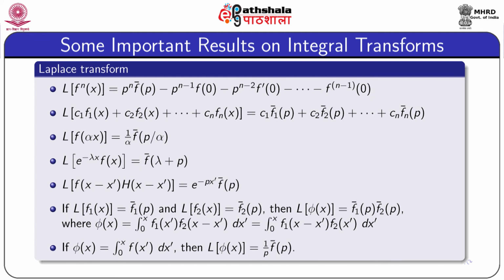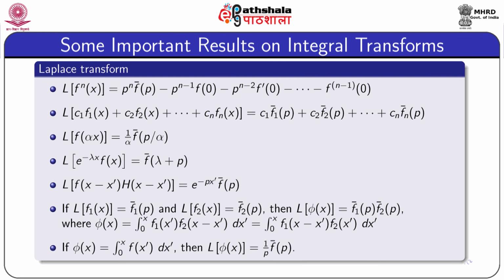And the next result, which is known as the convolution theorem or convolution property, shows that if f1 bar(p) is the Laplace transform of the function f1 and f2 bar(p) is the Laplace transform of the function f2, then f1 bar into f2 bar is equal to the Laplace transform of the function phi(x), where phi(x) is given by integration 0 to x f1(x dash) into f2(x minus x dash) dx dash, or it may be written in this way, 0 to x f1(x minus x dash) into f2(x dash) dx dash.